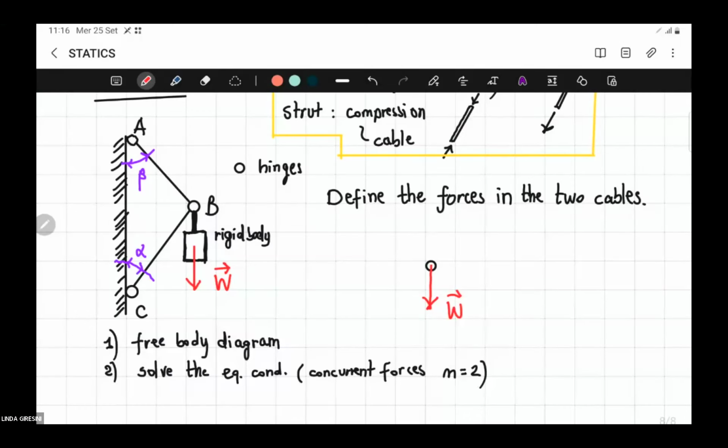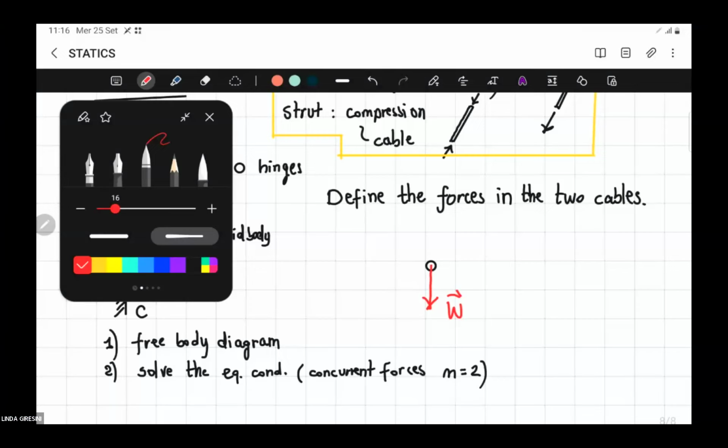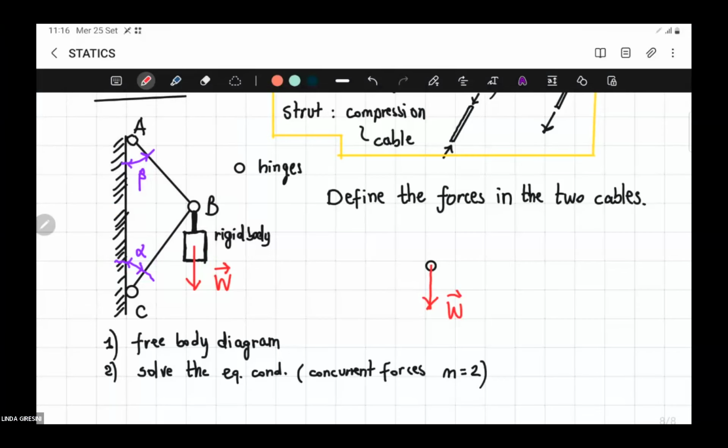And we will have also the cables. Now we know that the cables are subjected only to either tension or compression forces. So basically, as we know alpha and beta, the given terms are W, alpha and beta.